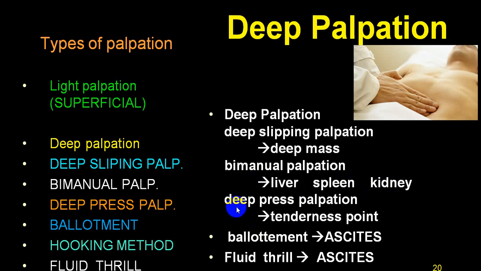Again, deep palpation is for deep structure tenderness. Ballottement is only in case of ascites. Fluid thrill is only in case of ascites. And I already mentioned that the hooking method is for a just enlarged spleen or just enlarged liver. Left costal margin for spleen, right costal margin for liver.